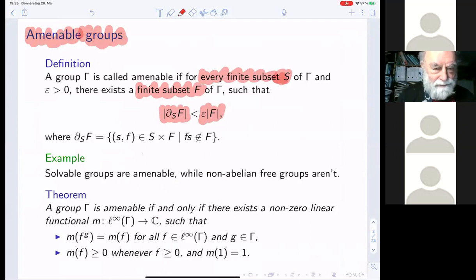There are many definitions of the boundary, but it will be important for later use that I fix one definition. And it's really the edge boundary in this sense.